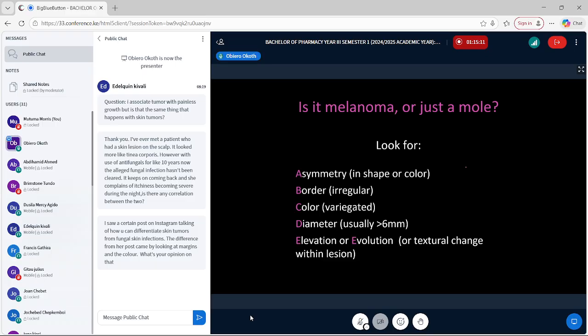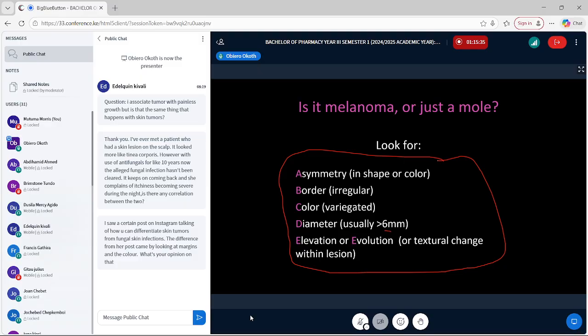The color is variegated, meaning there's a mix of colors. It's not a homogeneously black lesion. It's more than 6 millimeters. It's elevated. It's bleeding. There's some evolution, some textural changes within the lesion. So yes, Kivali, these are the things you're looking for.